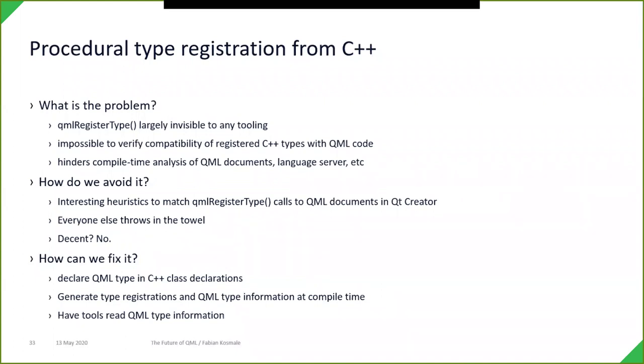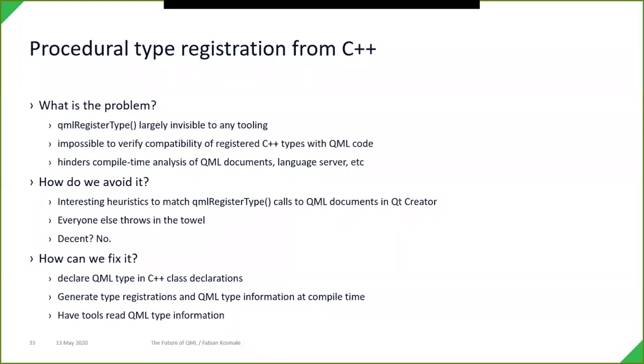Like you cannot do compile time analysis of QML documents very easily, and you cannot implement a language server easily. So how do we avoid it? We could implement the heuristics from Qt Creator in all of our tooling, or we could just give up on it, but that's not really a solution.